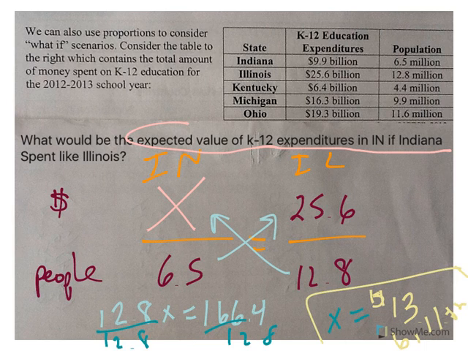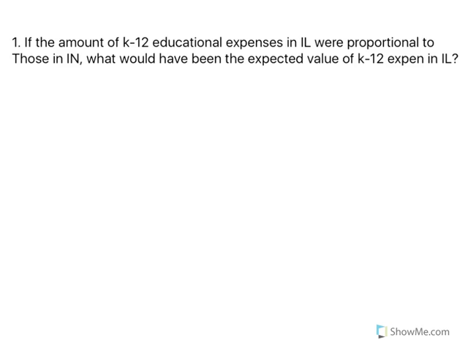So if Indiana spent money like Illinois, they would have spent $13 billion instead of the 9.9 that they spent. So this allows us to have a comparison. We actually spent 9.9 billion, but if we were like Illinois, we would have spent 13 billion. So you can play the comparison game of what we did and what we should have or could have done had we been like somebody else.